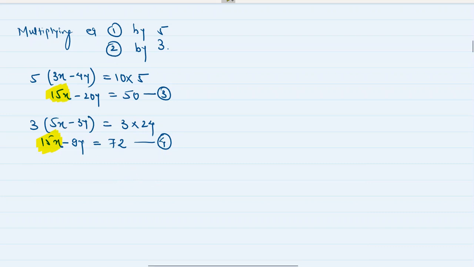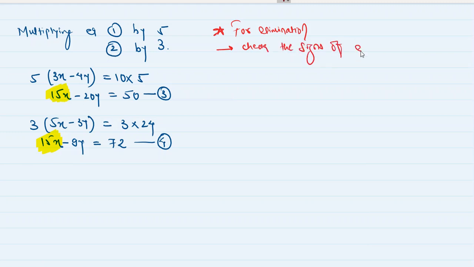For elimination, remember, I'm going to give you a hint over here. For elimination, check the signs of equated coefficients. Here it is plus, here also it is plus.